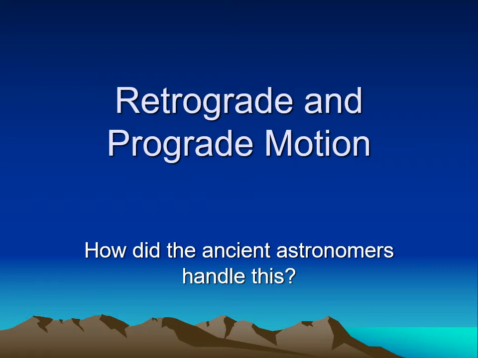Chapter 4 really gets us into discussing the way that the ancients figured out what was going on with the planets, or tried to. And it introduces the idea of the heliocentric or the geocentric models.